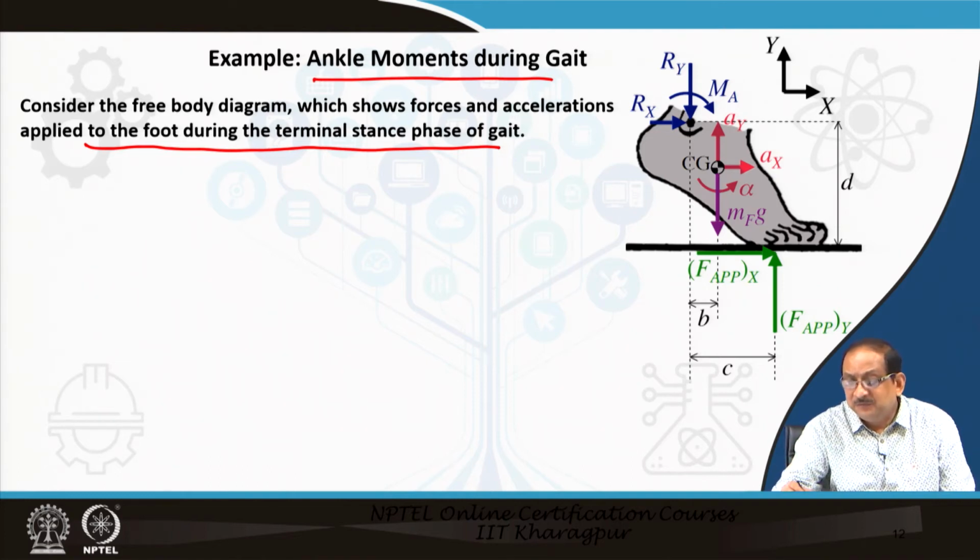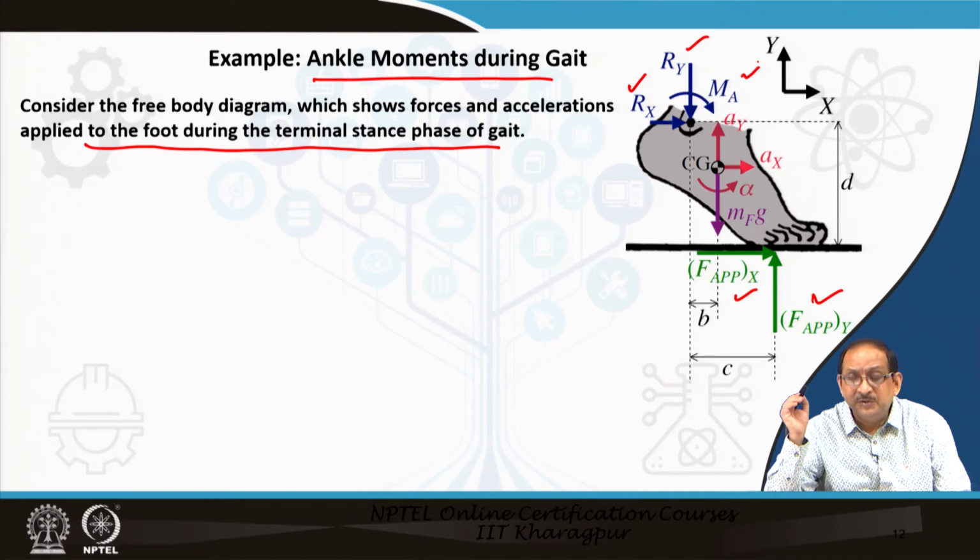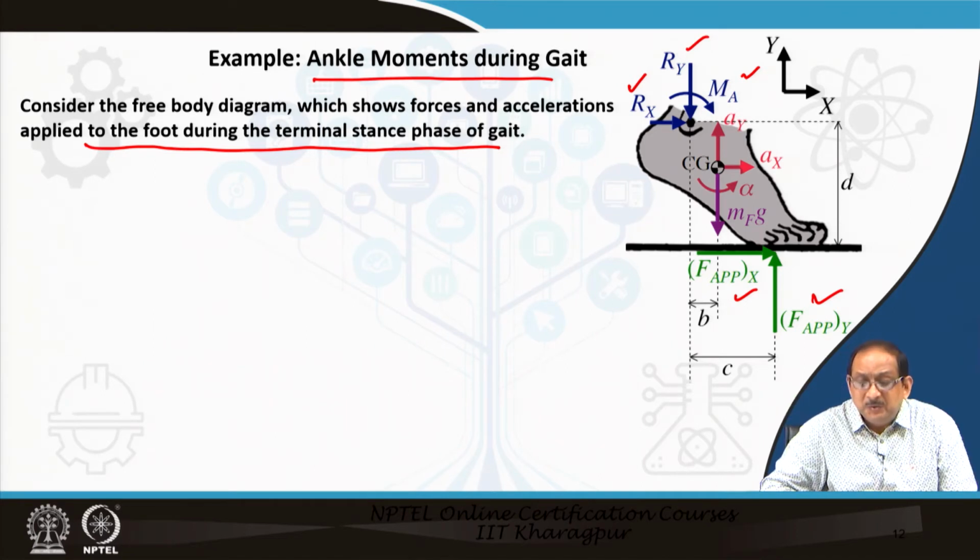So, we have the ground reaction forces, x and y component. We need to determine ankle joint reaction forces Rx, Ry and the moment Ma. We would get to know the center of gravity location of this foot segment.